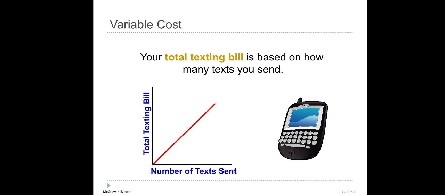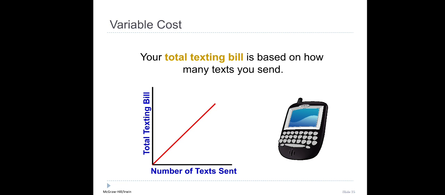But if you have a business, if you have a manufacturing business, an example of a variable cost is the direct material cost. Let's say you have a business that produces soft drink. One bottle of soft drink, the direct material cost is $1.50. 2 bottles, $3. 3 bottles, $4.50. 4 bottles, $6.